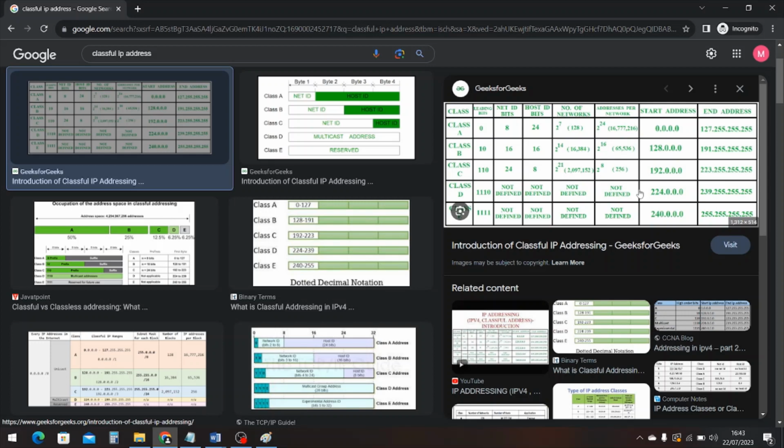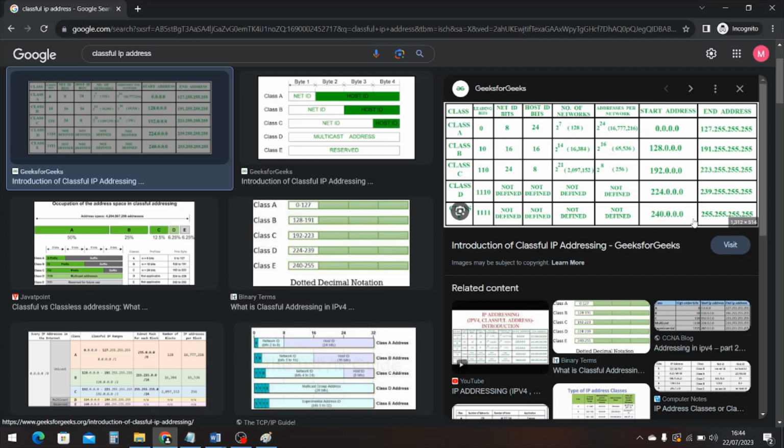And class E, which is experimental ranges. The starting IP address is 0.0.0.0 to 127.255.255.255 in class A, and class B 128 to 191. Class C 192 to 223, class D 224 to 239, and 240 to 255 as class E.